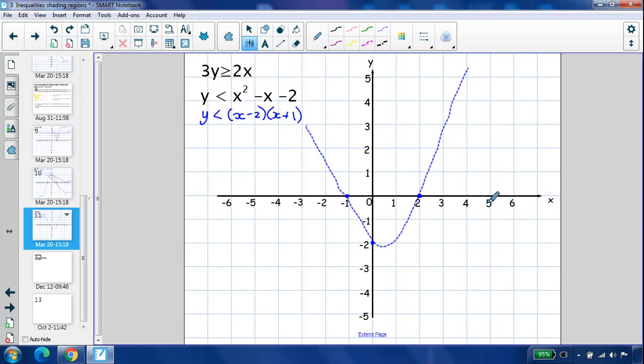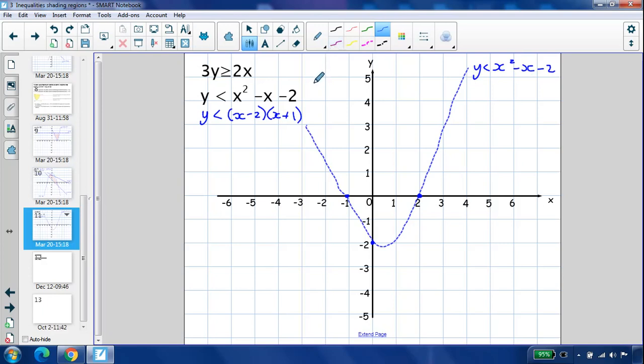Something like that. Hopefully yours doesn't have as many wiggles. And let's label this as y is less than x squared minus x minus 2.